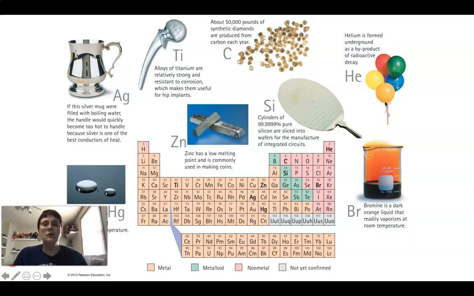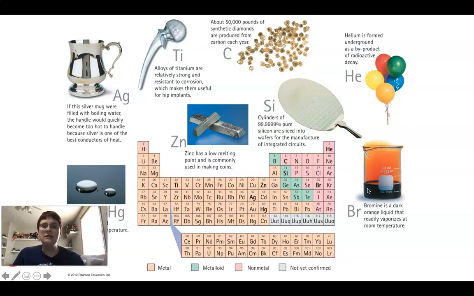If you're not already aware, though, we are in a helium shortage. It's really hard to find helium right now because helium, as you can see here, is a byproduct of radioactive decay. And we've tapped most of the natural stores of helium. So any helium that we've got coming in right now is from industrial processes. And then we've got nonmetals that are also gases, liquids, and solids.